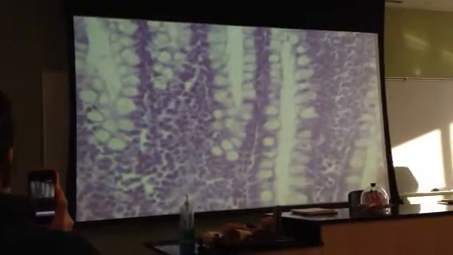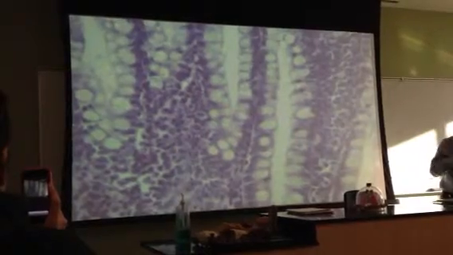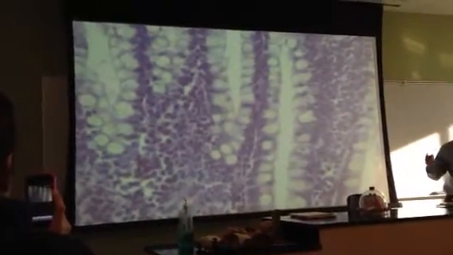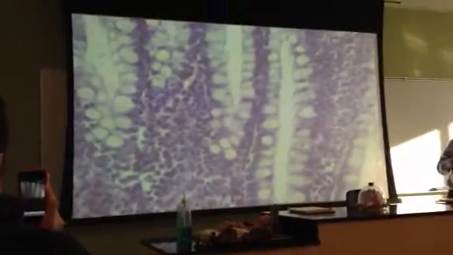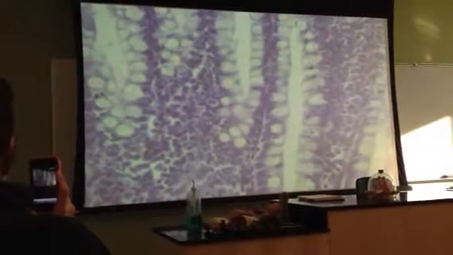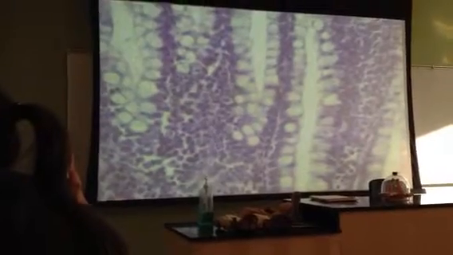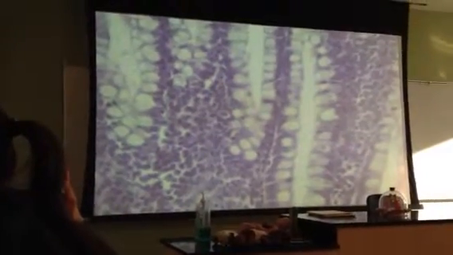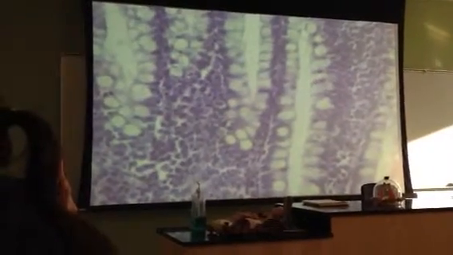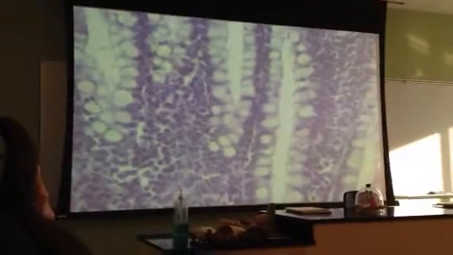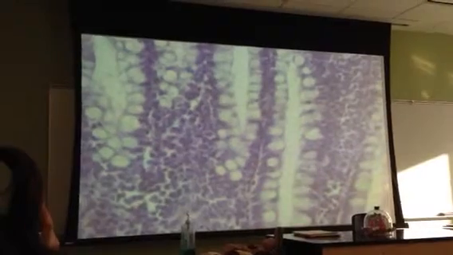But unlike the small intestine, where it was mostly absorptive cells with some goblet, it's flipped here, where you have a vast majority of goblet cells, and you have some absorptive cells stuck in between. Okay, a couple here. There's one kind of squished in there. So again, it's a majority of goblet cells for a large intestine.